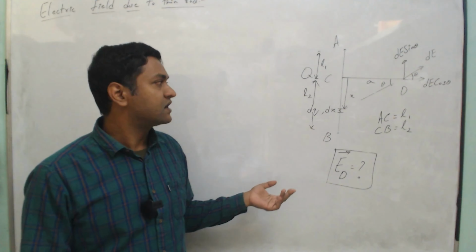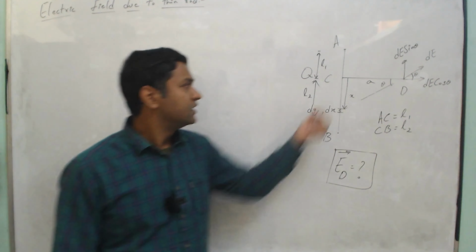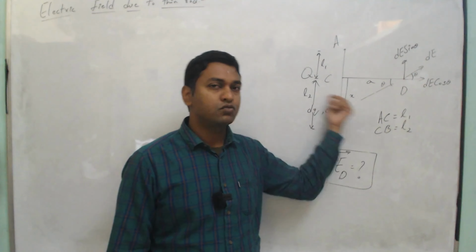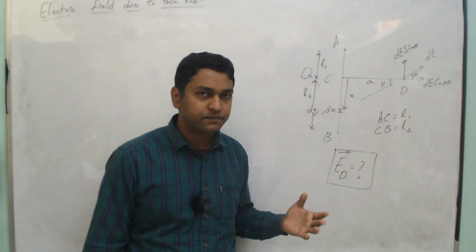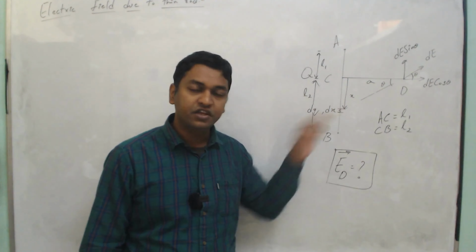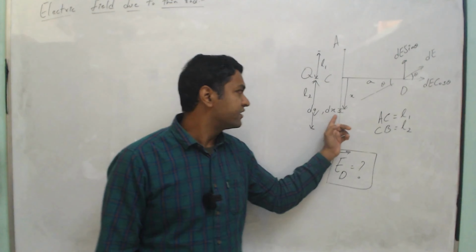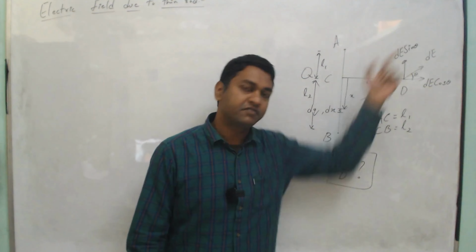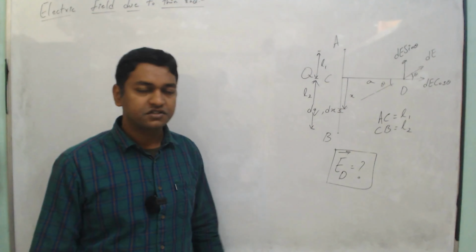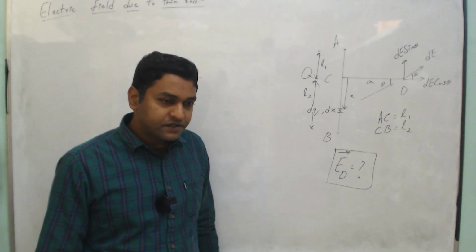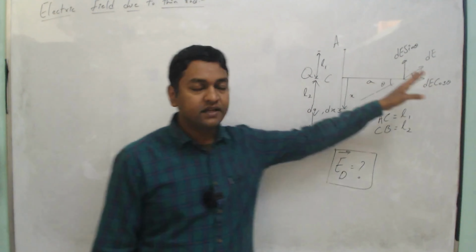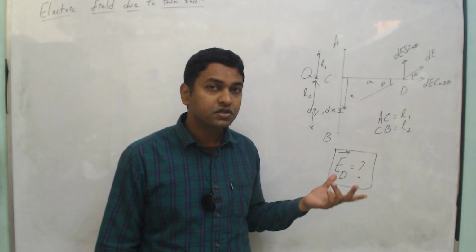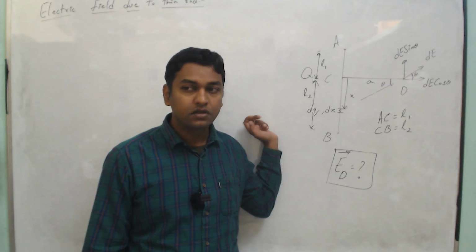Now we are starting off our solution by saying at a distance of x, let us take a small element of length dx carrying the charge dq, and the electric field due to this small element at this point is going to be dE away from this charge. And yesterday we said after getting dE I cannot directly integrate dE because the direction is varying.